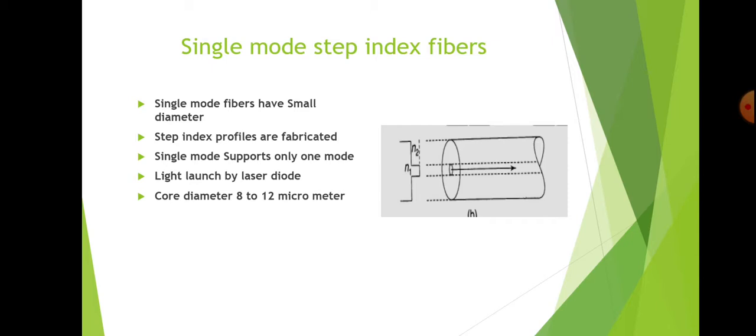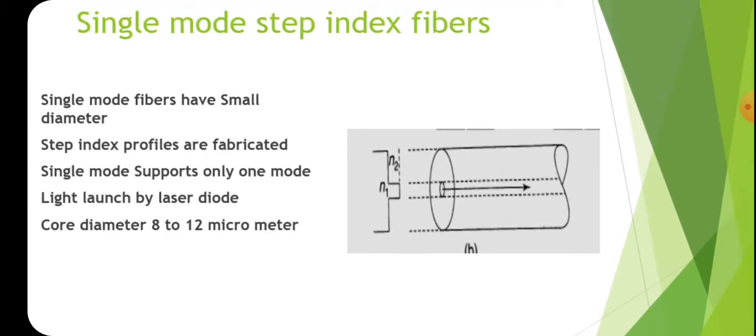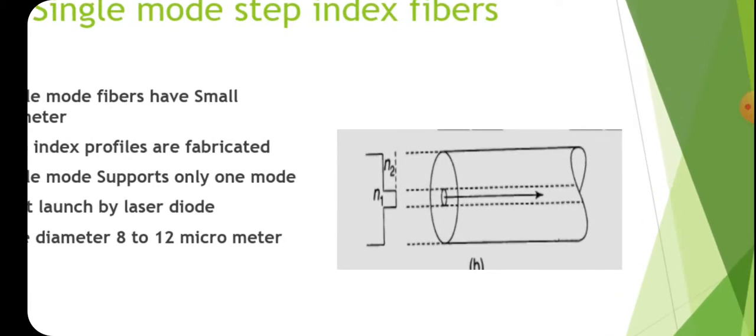This is a diagram of a single mode step index fiber, and its refractive index profile is also shown. The direction of propagation of the light is shown by the arrow mark, and the core is represented by a small circle.